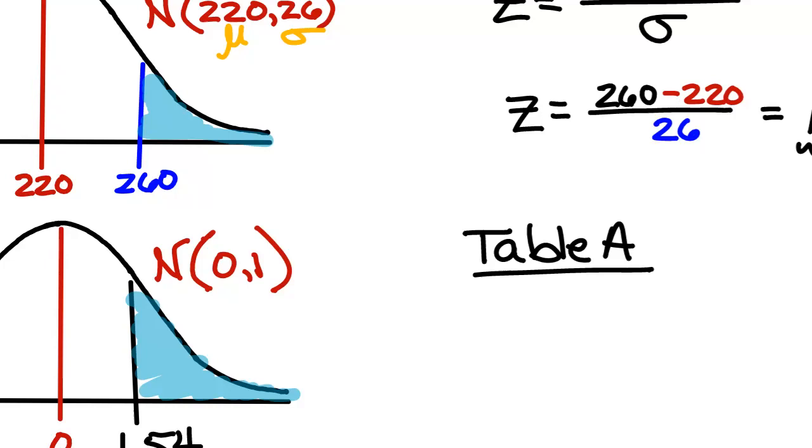If you're on the front side of the page, you only have negative values here. I don't want negative 1.5. I want positive 1.5. So I got to go to the back side because that's where the positives are. Right, so now I go down that first column, that far left-hand column, I find 1.5 right here. And now what do? Across the top, we look for that second decimal place, that 0.04. Run your fingers together or use a straight edge or something to help you find your spot.